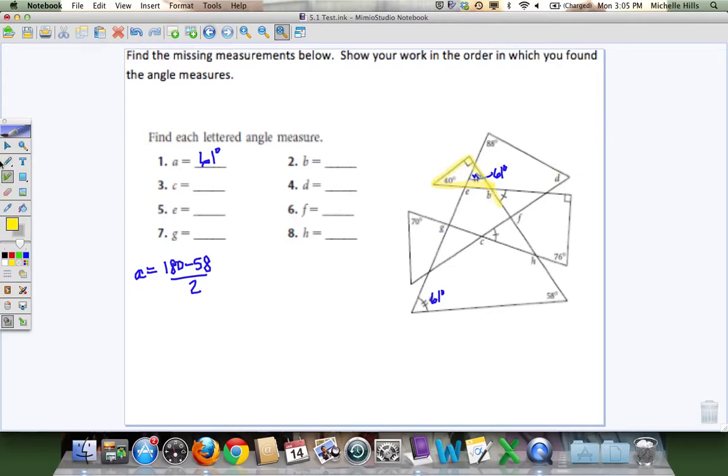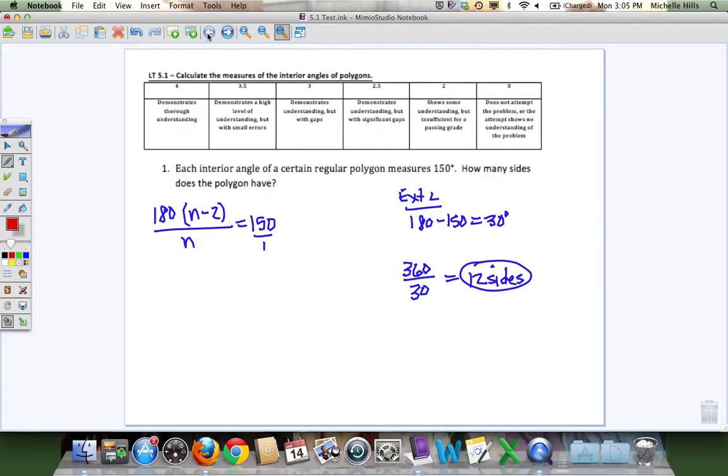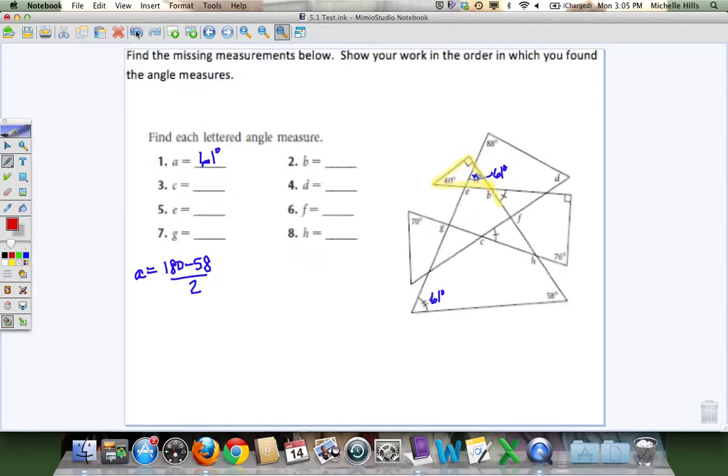The exterior angles conjecture says that the two remote interior angles, if I add those two angle measures together, it's going to equal the measure of that exterior angle. So again, I'm going to get rid of that highlighting. Oops. Get rid of the highlighting. So to find B, I took 40 and added 90 to it. So B is 130 degrees.